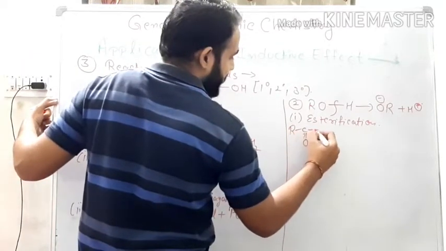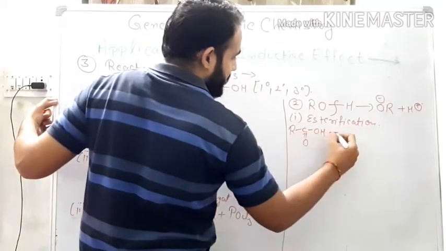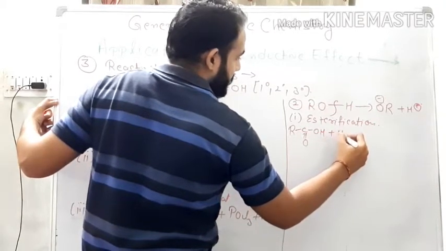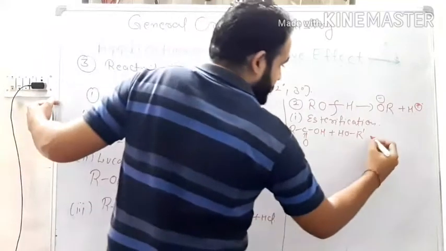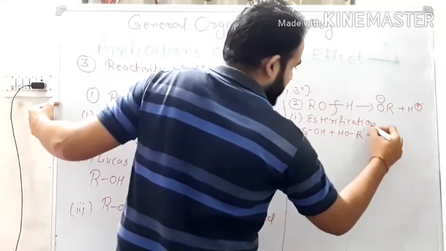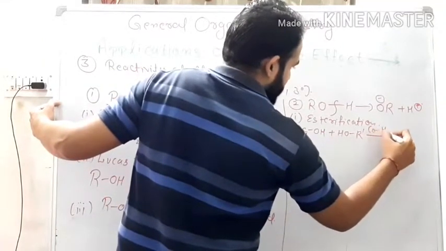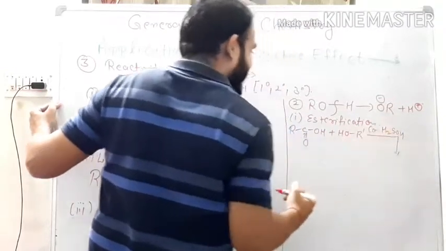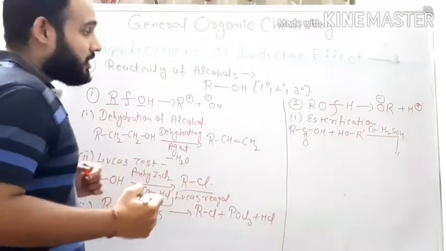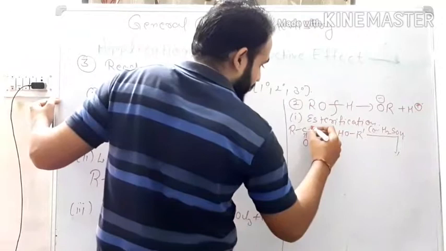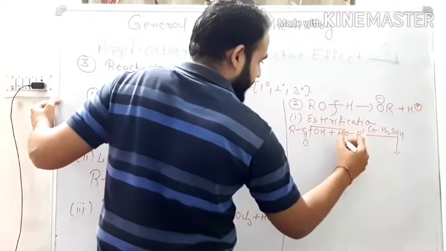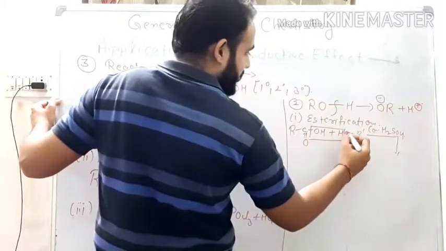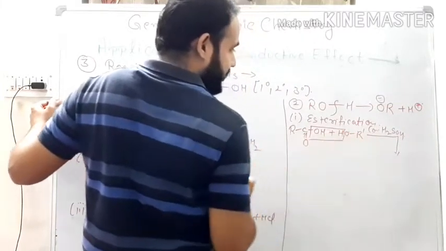Okay, so in this reaction, when a carboxylic acid reacts with alcohol in the presence of concentrated H2SO4, concentrated H2SO4 will act as a dehydrating agent. So in this reaction, the OH comes from your acid and the H comes from your alcohol, because the bond is cleaved between oxygen and hydrogen.